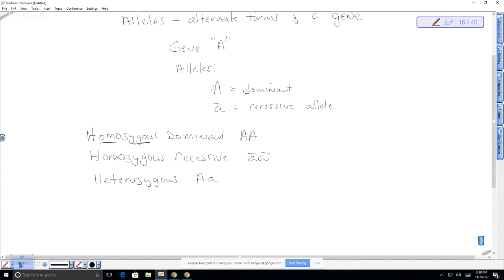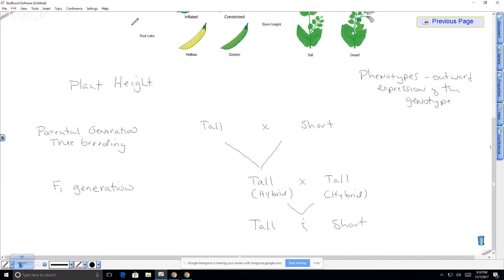So let's go back to our pea plants and write down the genotypes of our pea plants. True breeding, what do you think the genotype is? Big T, big T for tall. Short, no S's, same gene, little t, little t.